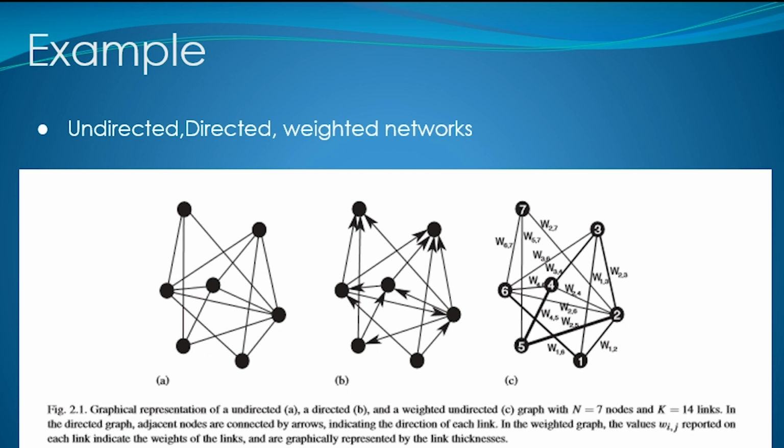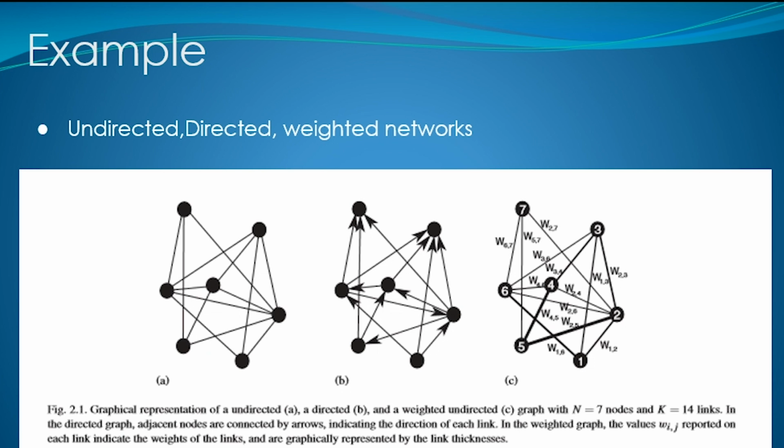The graph may have no direction, that is, edges may have no direction. An edge from point A to point B is same as an edge from point B to point A. It's called an undirected graph. Or it may be directed. There may be directions in the graph, or again there may be weights associated with edges.